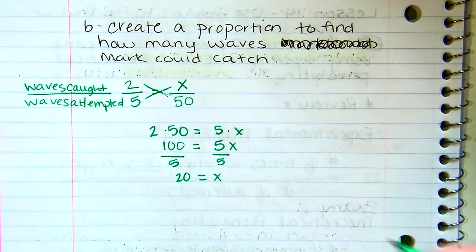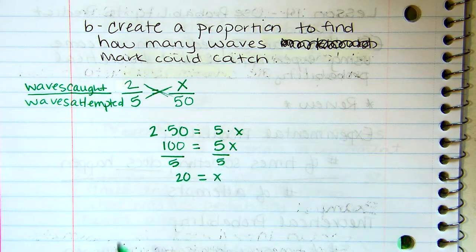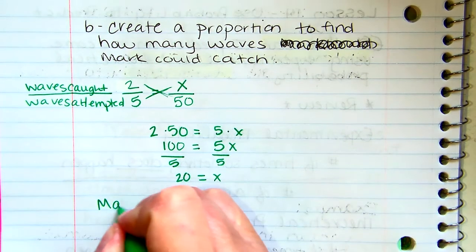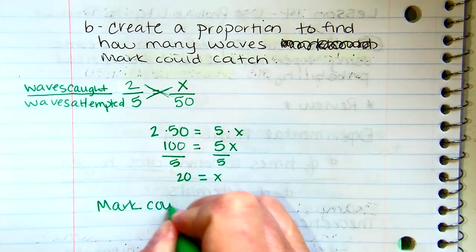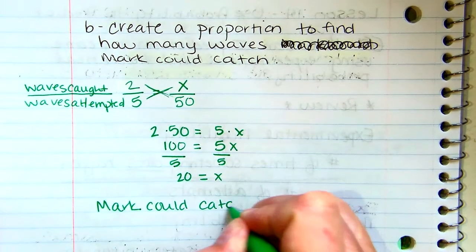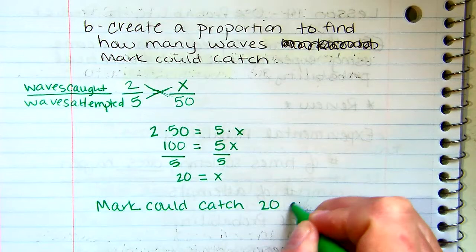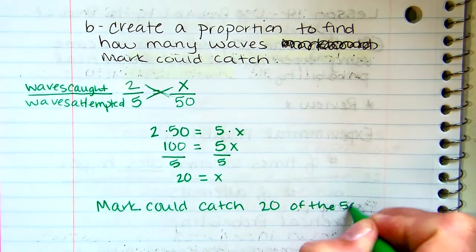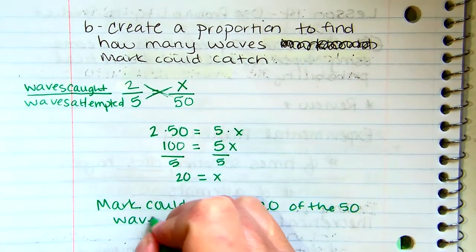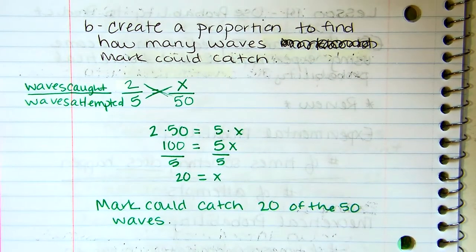Now because this is a word problem, we need to state words in our answer. So we are going to state Mark could catch 20 of the 50 waves. Okay, so that would end up being our final answer.